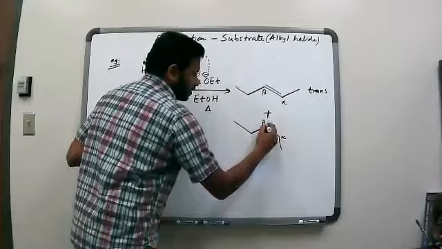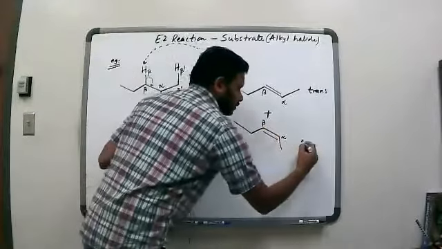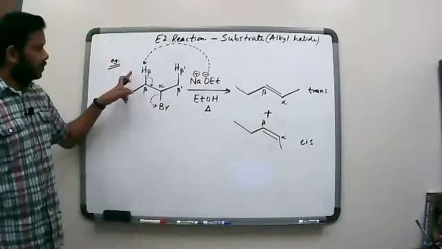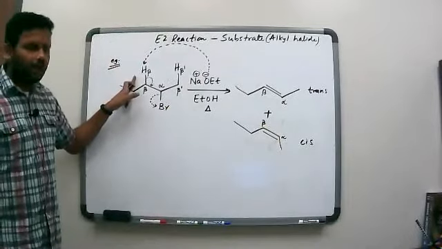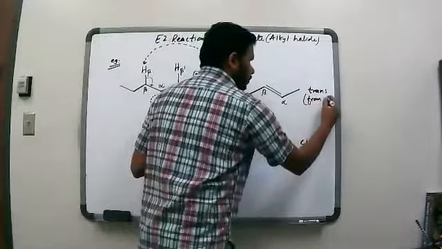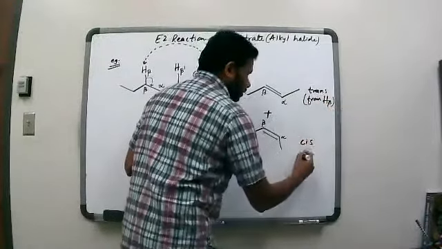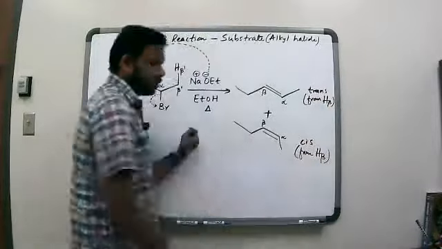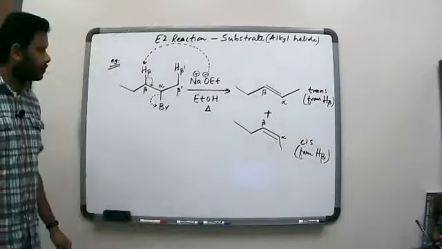This is alpha, this is beta. And these are both coming from the loss of the beta hydrogen, okay? This is from H beta. This is also from H beta. They're both coming from H beta.